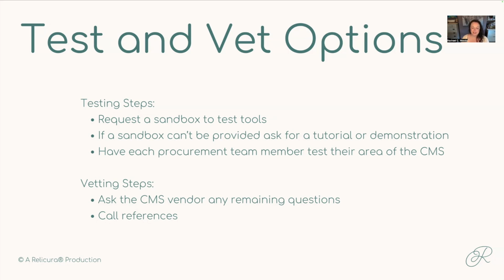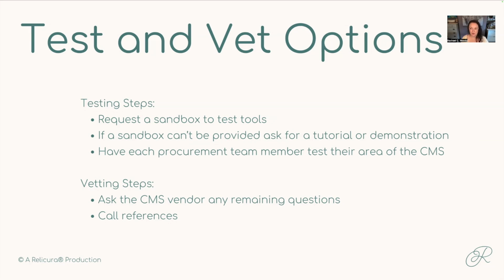In terms of vetting steps, as you narrow it down to one or two products, I recommend asking the CMS vendor any remaining questions you have, especially questions that help clarify whether or not that product meets your criteria. I also recommend requesting 2 or 3 references from the vendors.